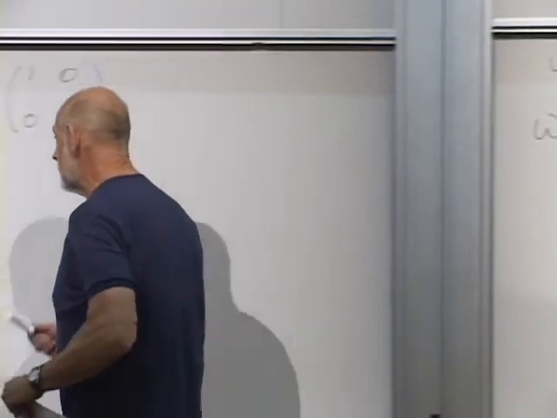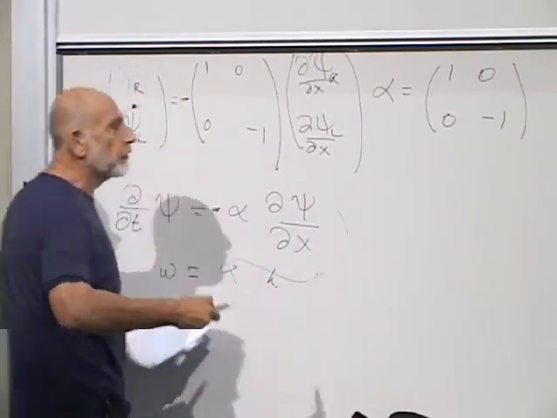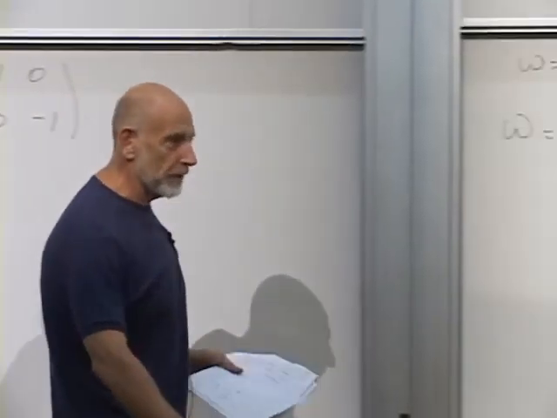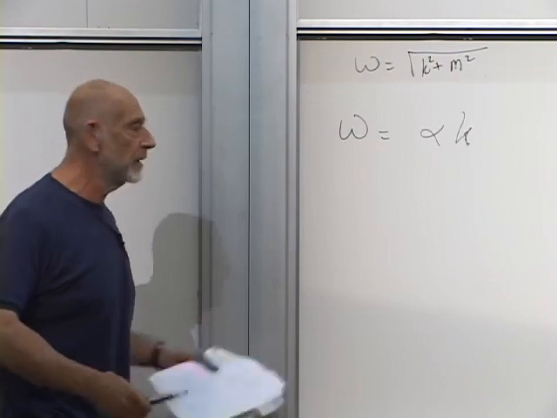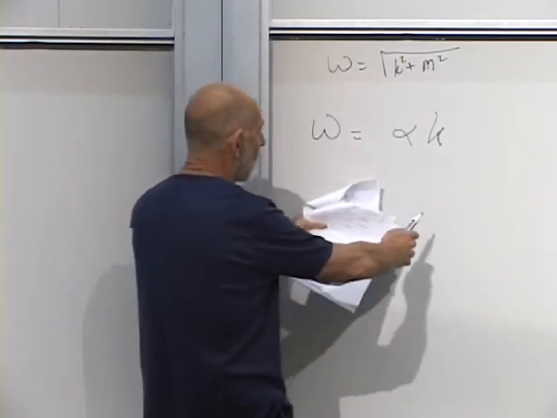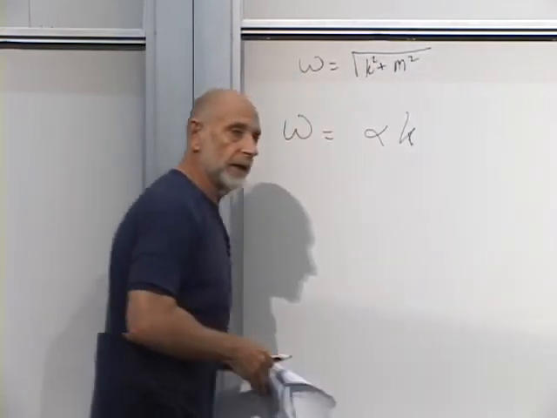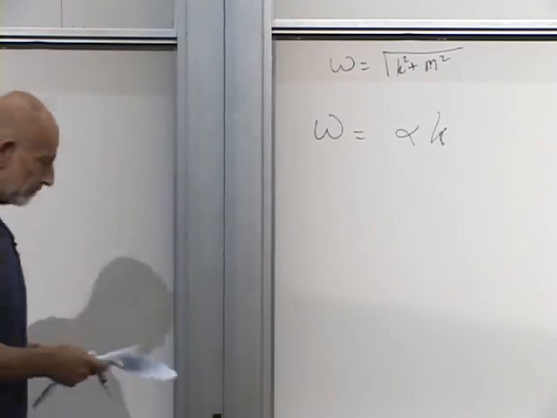But as I said, what it really stands for is a trick for rewriting this in an efficient form. I don't want to have to rewrite these derivatives every time I work with them. Just think of omega as i d by dt, and k as minus i d by dx, and imagine the whole thing is operating on a wave function. Okay, so this is shorthand.